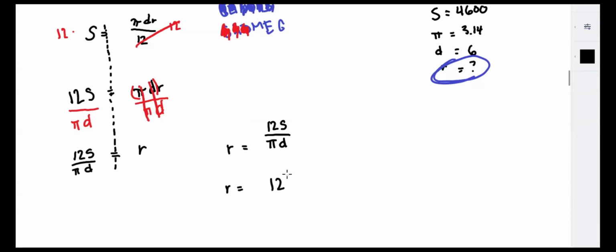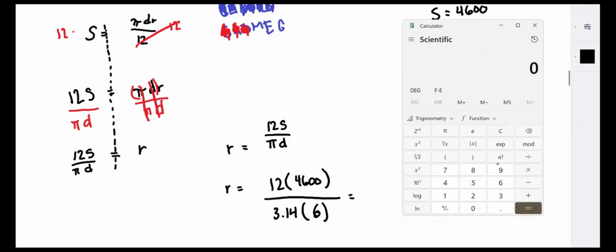12 times s, which is 4,600, divided by pi, which we're saying is 3.14 approximately, and the diameter is 6. So I'm going to go ahead and put this into a calculator. I'm going to do 12 times 4,600.